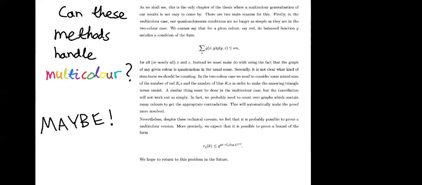And even so, once you've got that, the type of structures you'd be counting might need to be more difficult than just these large cliques. Even so, he expresses some optimism that it probably is possible to generalize these methods. But yeah, he hadn't got around to really focusing on it. There are definitely problems with generalizing that approach to multicolor.